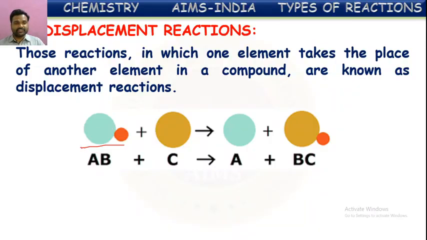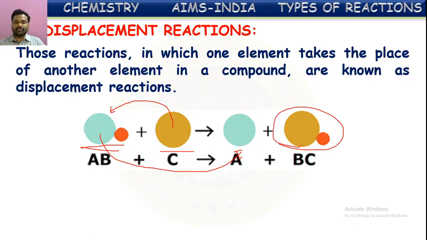When this AB is reacting with C, C is taking the place of A. So A is coming out. C is taking the place of A and A is coming out from the compound. A new compound BC is formed. This kind of reaction in which one element replaces another element from a compound and a new compound is formed is called a displacement reaction, or simply a simple displacement reaction.